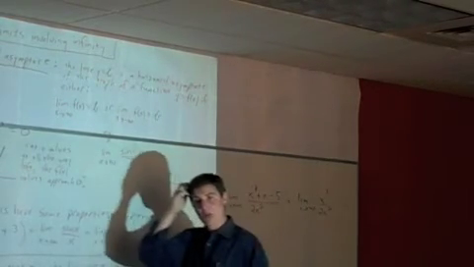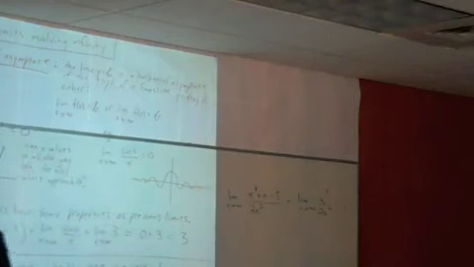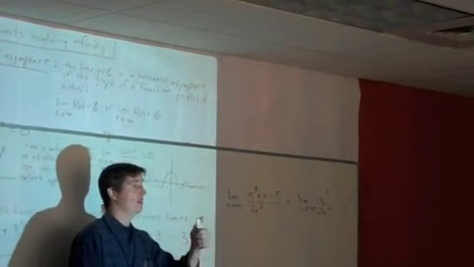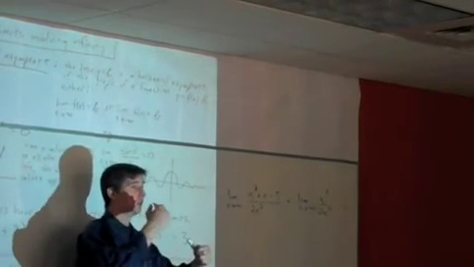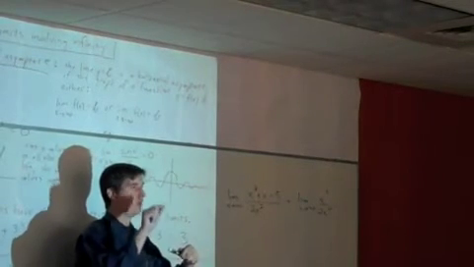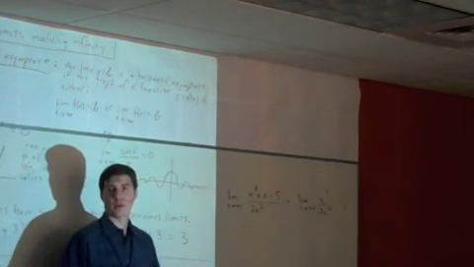Graph that on y1. And on y2, just graph 0.5x. Again, make sure this whole thing is in parentheses. If you got the new operating system, hit alpha y equals, and it'll give you the little fraction thing, so you don't got to worry about parentheses.